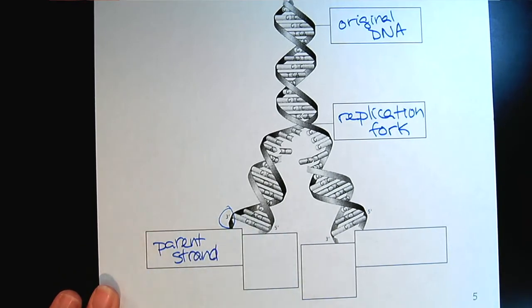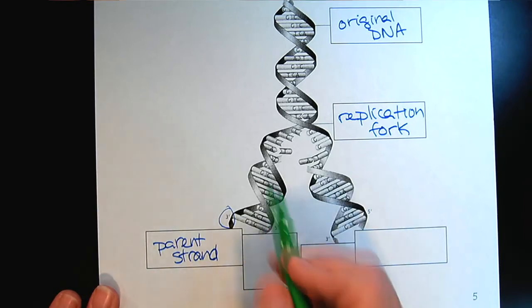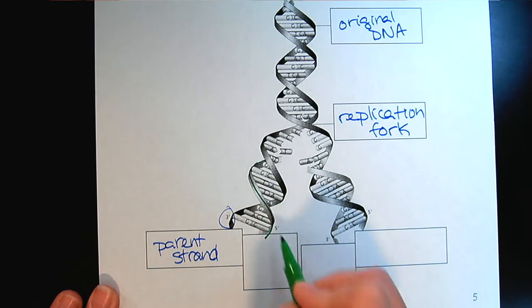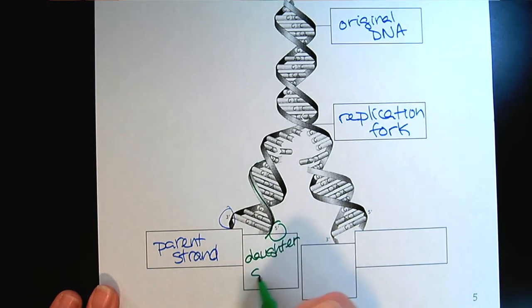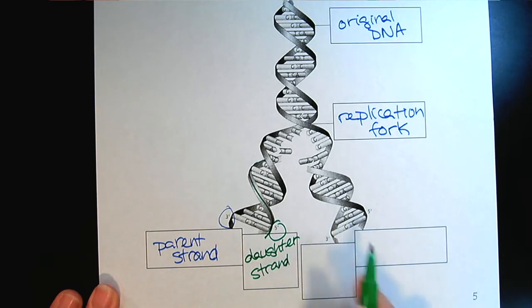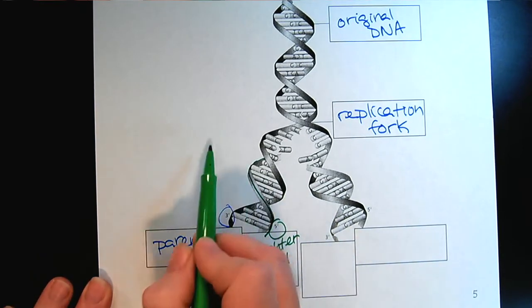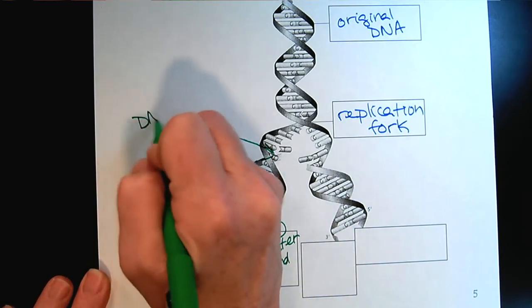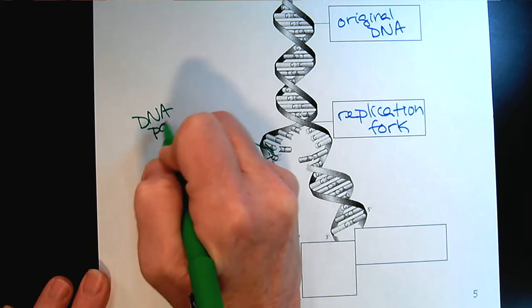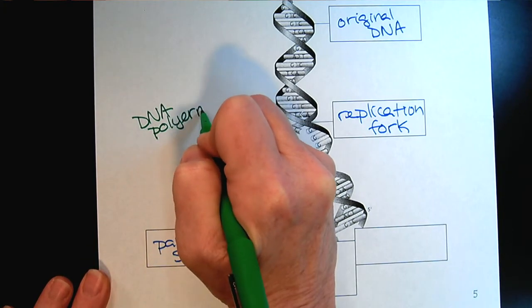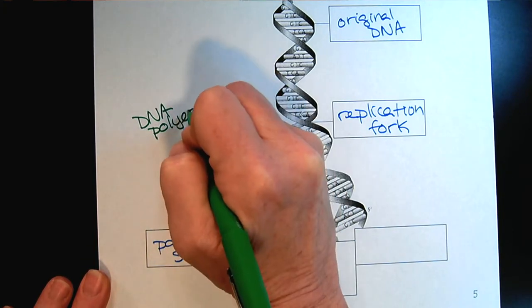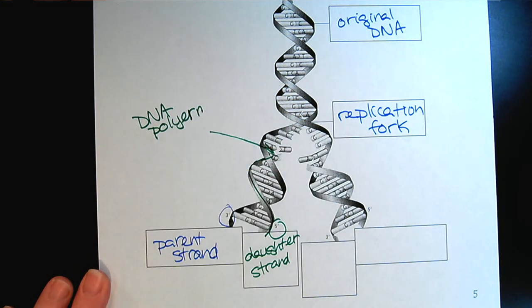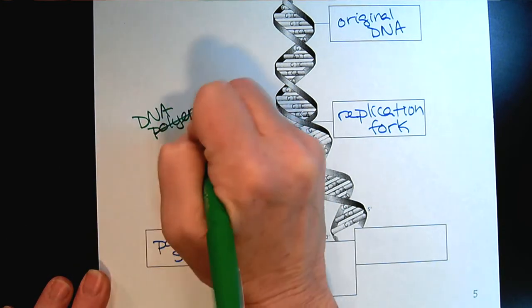And then what happens is there is a second enzyme. If we look here, we see this is the daughter strand. Creating the daughter is DNA polymerase.